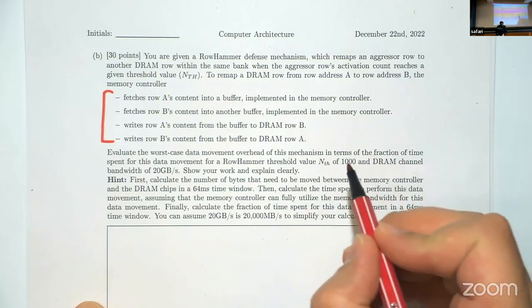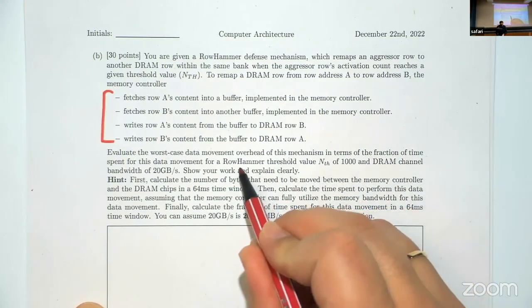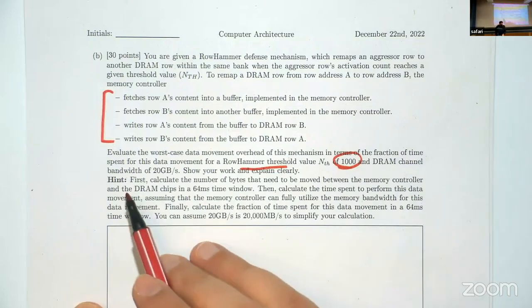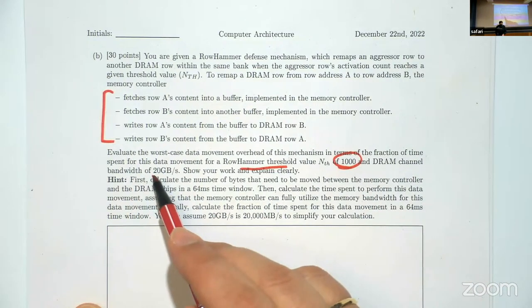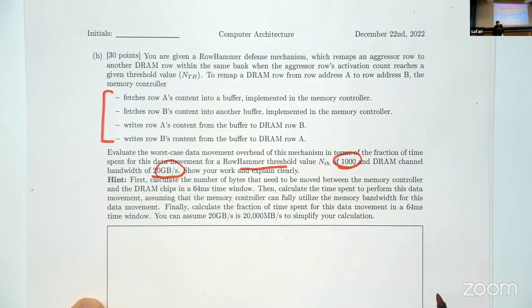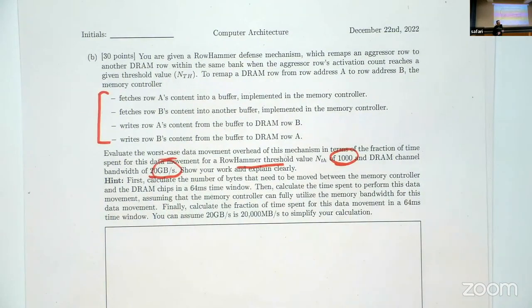So now in this case, our RowHammer threshold is 1000. So we will perform this operation every time a row is activated 1000 times. And DRAM channel bandwidth is 20 gigabytes per second. And the question is asking for the worst case data movement overhead. And there's a hint here that tells you how to do this calculation step by step.